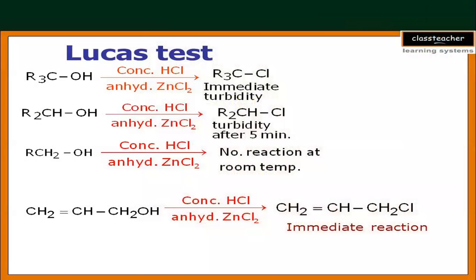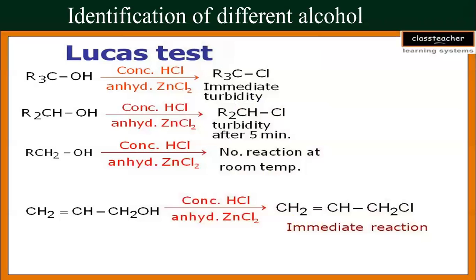Now the Lucas reagent test. By this test we can identify different types of alcohol like primary, secondary or tertiary alcohol, or 1 degree, 2 degree or 3 degree alcohol. Anhydrous zinc chloride in presence of concentrated hydrochloric acid is called Lucas reagent. When Lucas reagent is added to tertiary alcohol, then turbidity is formed immediately.